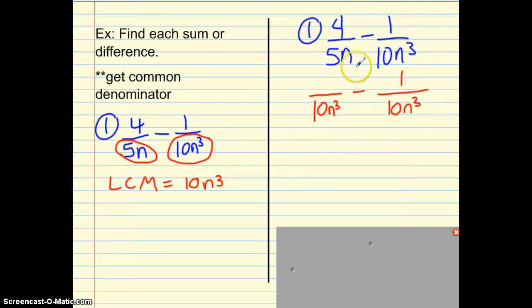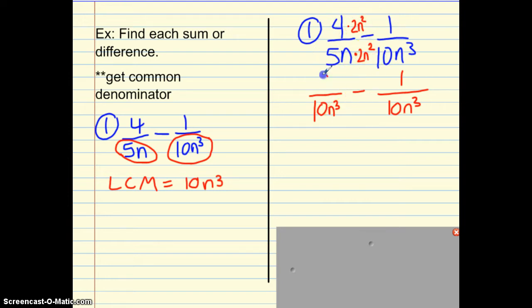But up here, what I need to do is multiply by 2n squared. And 5 times 2 is 10, n times n squared gets me that n to the third.